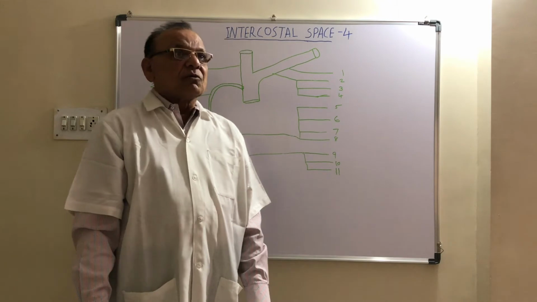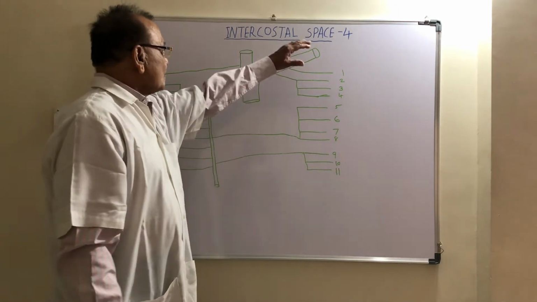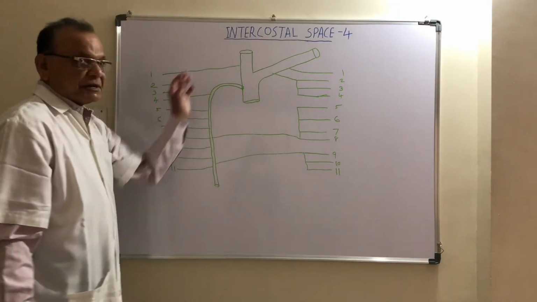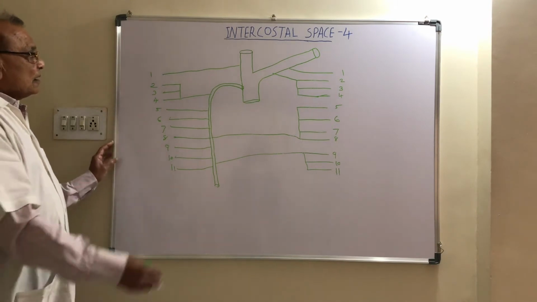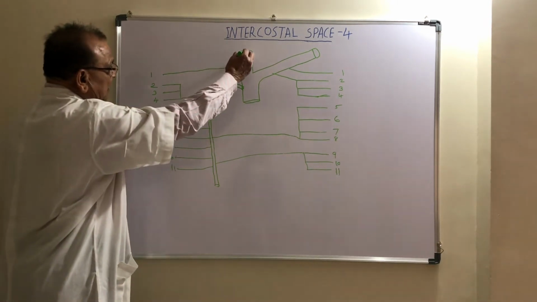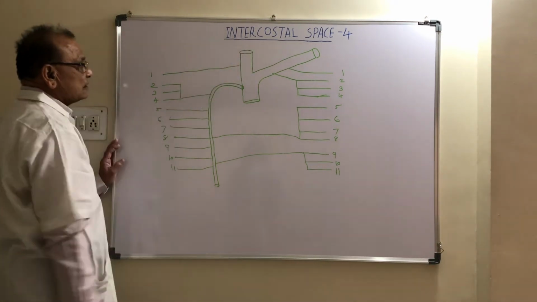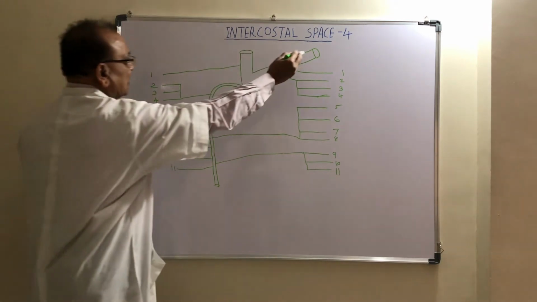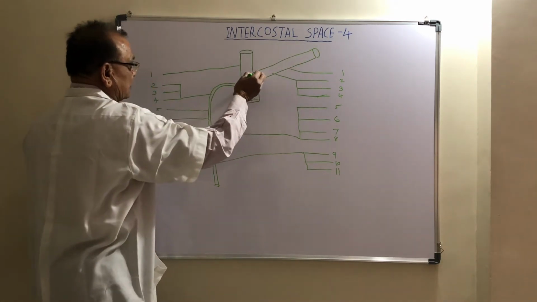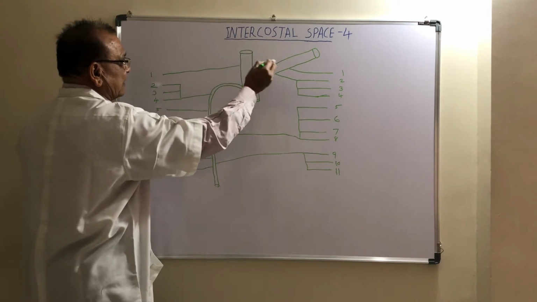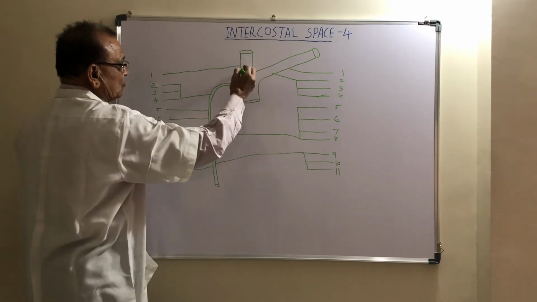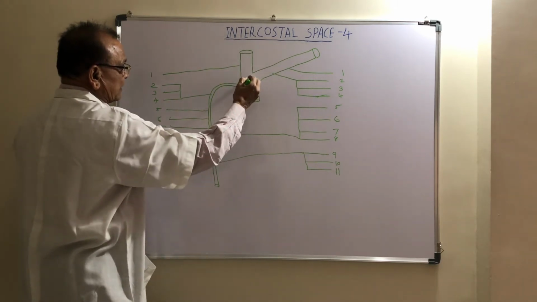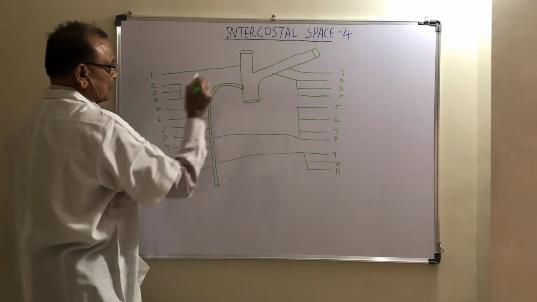Now, for the posterior intercostal vein, see this figure. This is the right brachiocephalic vein. This is the left brachiocephalic vein. The right and left brachiocephalic veins unite to form the superior vena cava. So this is the superior vena cava.